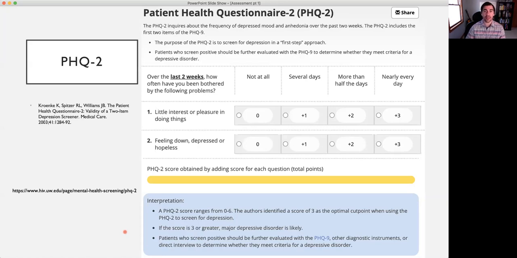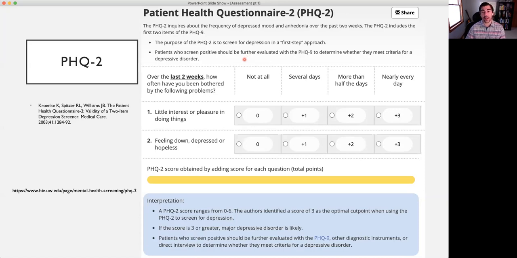And the two big things are validity and reliability. I talked a bit about those in the research methods module last week. We'll talk more about them for measurement in a subsequent lecture post. But the PHQ-2 is really a first-step approach to understanding whether someone may be experiencing depression or may be at risk for depression.